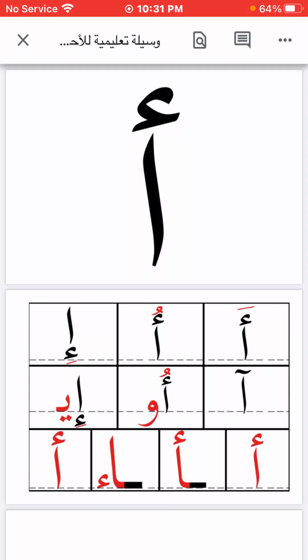In this video we will learn the whole names of the Arabic language letters and also their sounds and how we pronounce them.